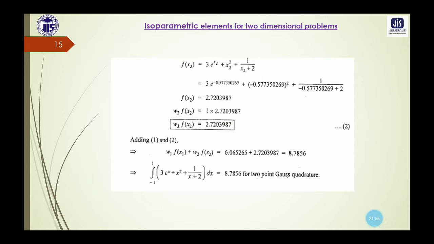If we put the value of x2 as minus 0.57735, then after the necessary calculation, we are getting the value of f(x2) as 2.7203987. If we multiply this f(x2) with w2, which is 1, then the value will be the same, so w2 times f(x2) is 2.7203987, and this is our equation number 2.